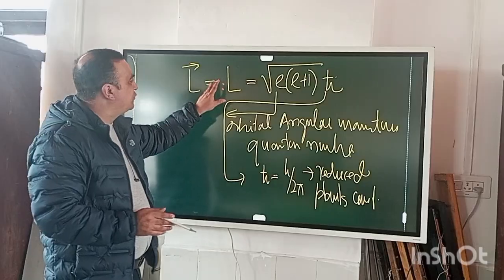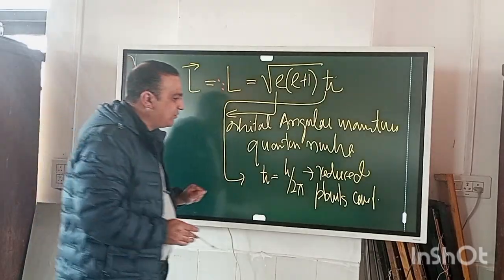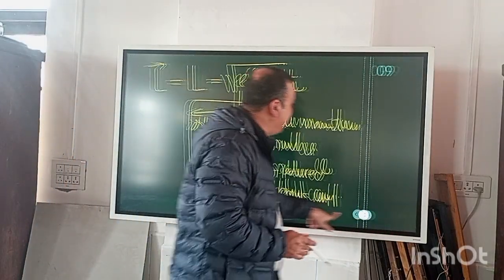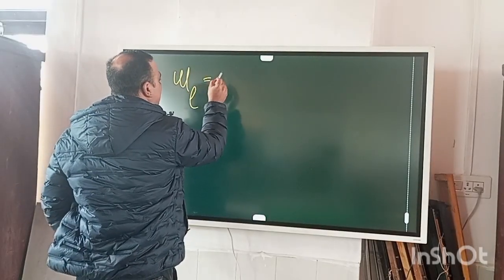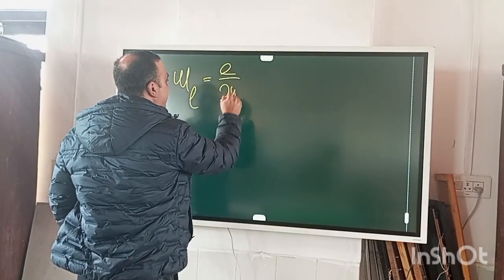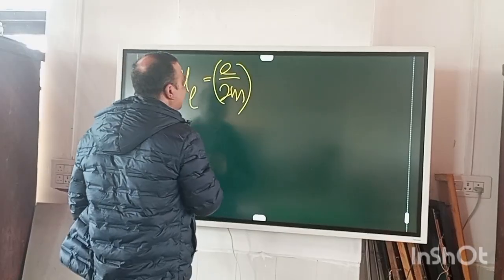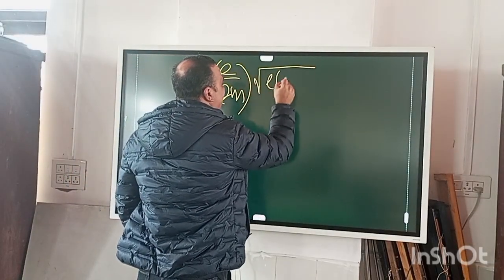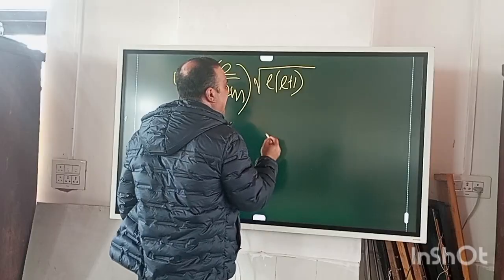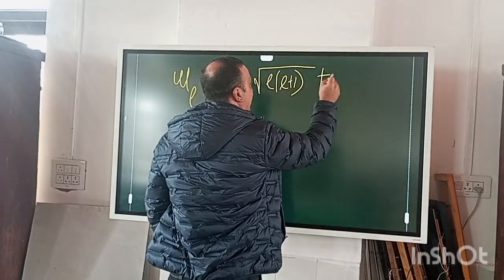So I can use the magnitude of this angular momentum in evaluating my μL. So μL is e by 2m times, instead of L, I'll be using the square root of l into (l plus 1) and then h bar.